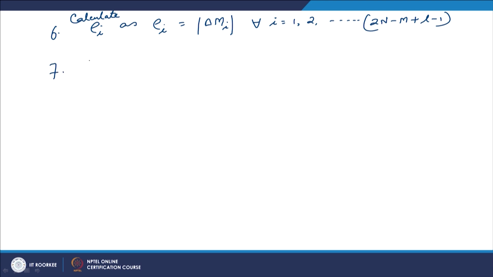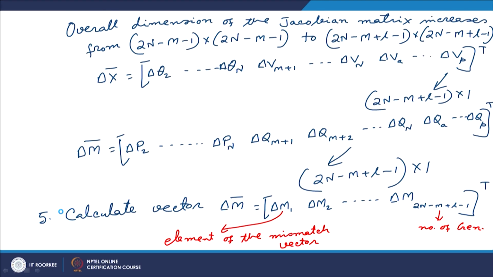In fact, everywhere it should be E i k, with subscript k everywhere, because we are doing it at the kth iteration and we missed it.